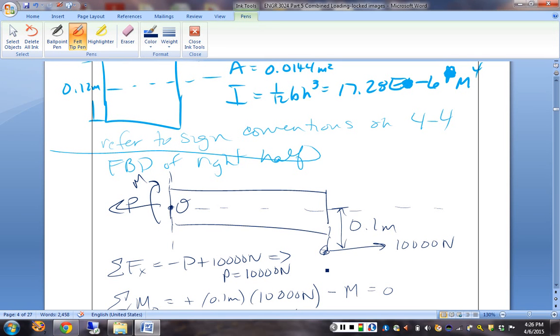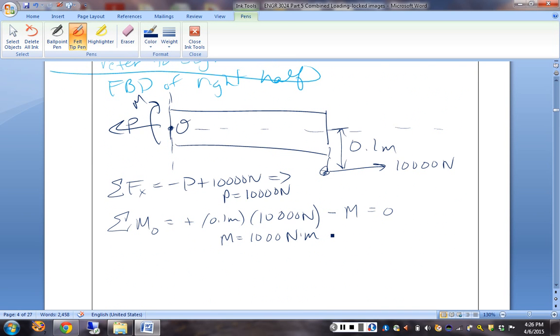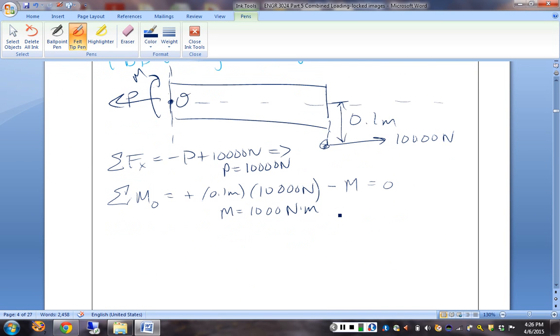And again, that's the goofy thing with the moment sign convention. If you look at the left cut face, if you look at the right cut face, it matches. So, warning on that. Okay, so we have an axial load and we have a bending load.